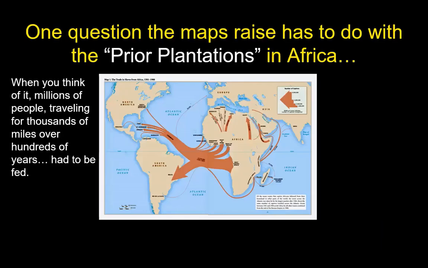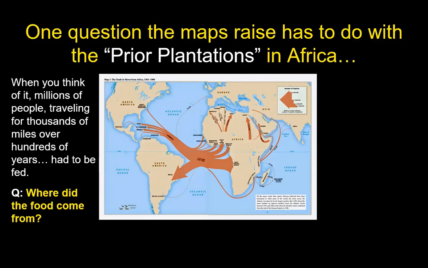One question the maps raise has to do with the prior plantations in Africa. When you think of it, millions of people traveling for thousands of miles over hundreds of years had to be fed just to be kept alive. The conditions were very squalid and sordid, but they had to have a food supply in order to be sellable in the New World at auction.